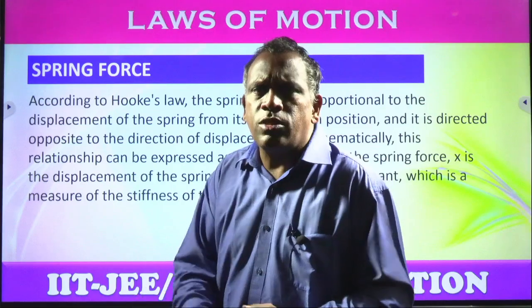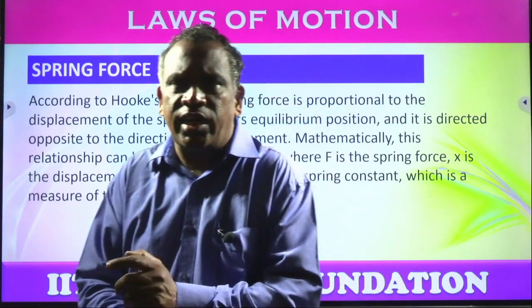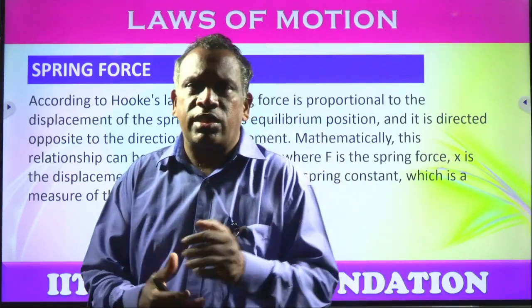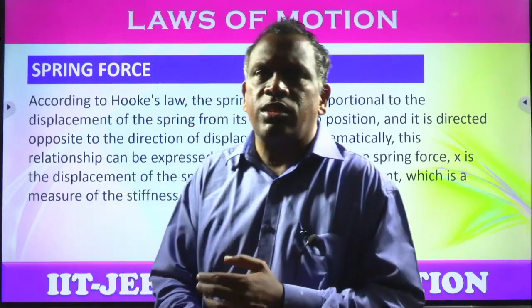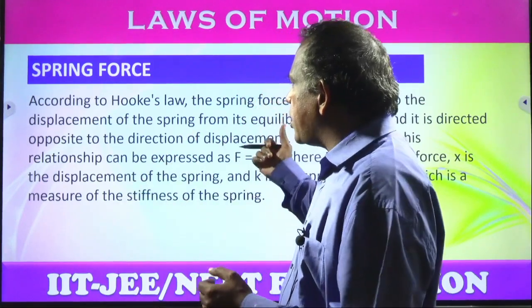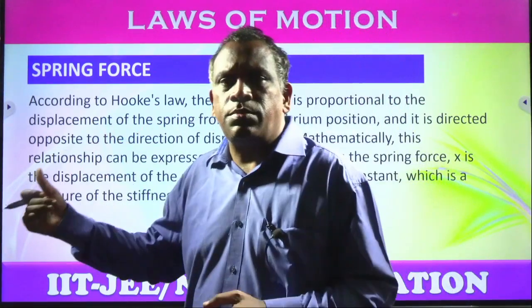In the spring force, one important law we will come across is Hooke's law. Just now I told you F is equal to minus kx. Robert Hooke is the scientist who has given that the force is directly proportional to the extension or displacement of a spring.